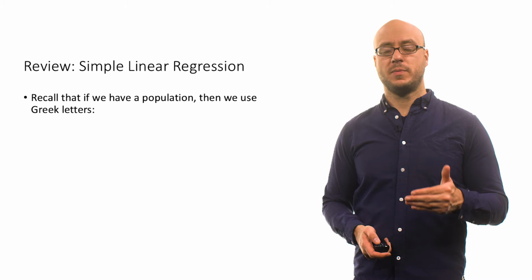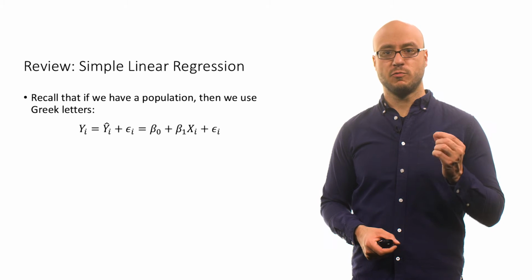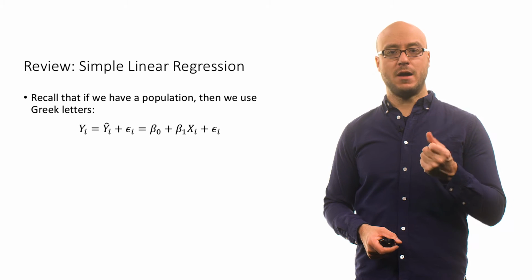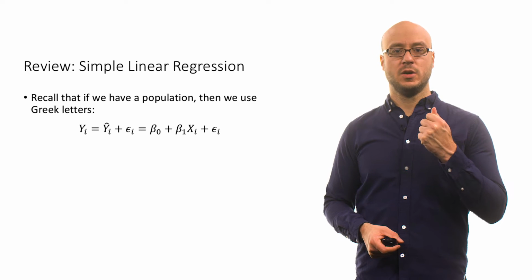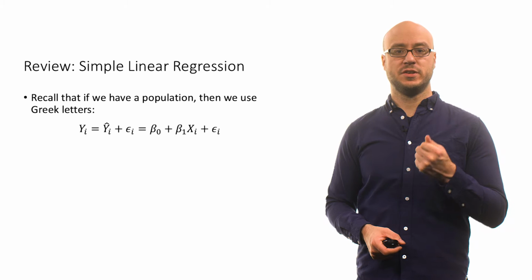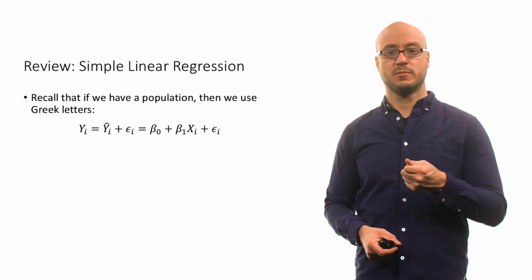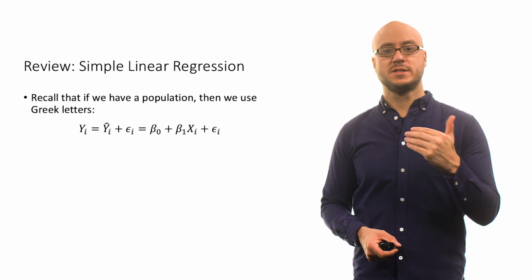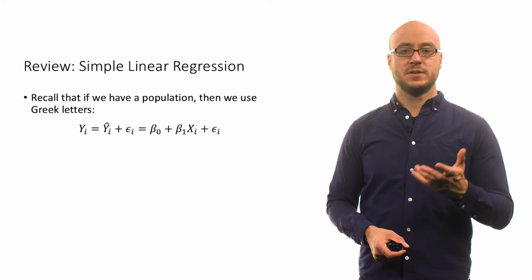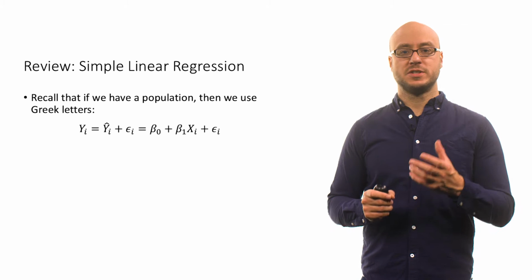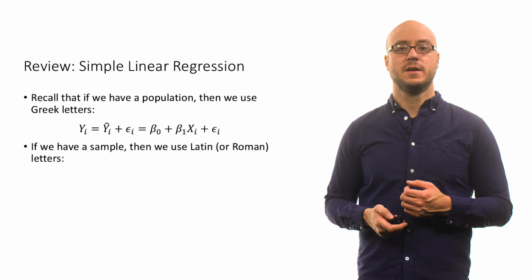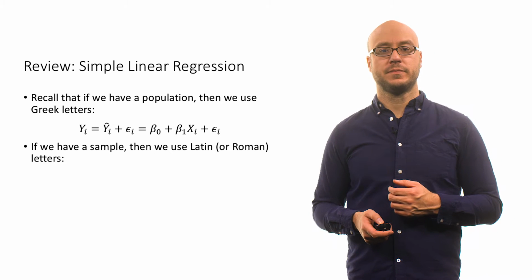Recall that if we have a population, we will use Greek letters to write out the equation for simple linear regression. The idea is that we have an outcome y, and we say it's a function of a deterministic component and a stochastic or random component. So you have the y hat, the predicted values of our outcome, plus this error term, epsilon. That equals the intercept plus the slope times their x variable plus the random error term.